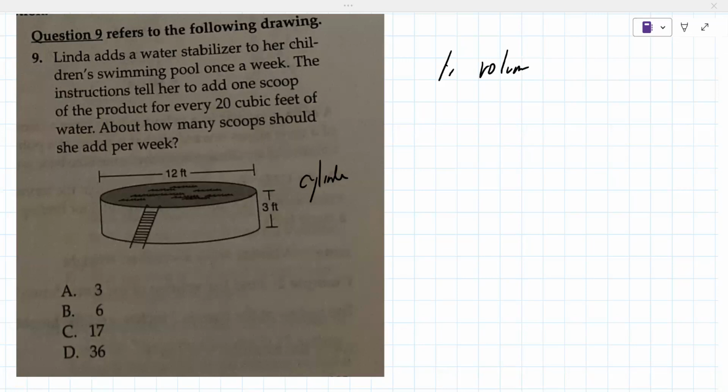So the radius would be half of 12. Would it be 56.52? Would that be the volume? It is not. The radius is 6, though.